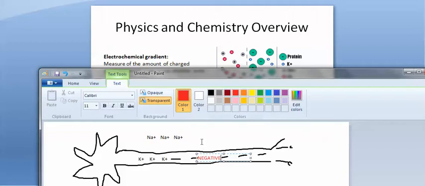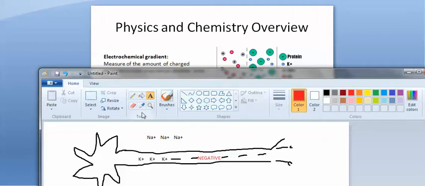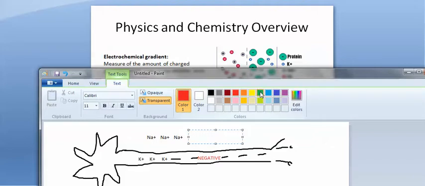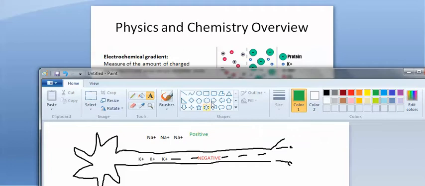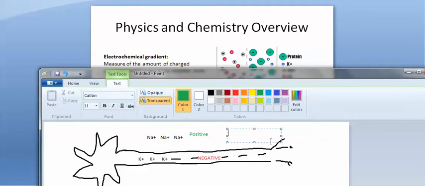And since there's this gradient, it's going to be more positive on the outside. Okay? This is all at resting membrane potential. This is when the action potential is waiting. So this is at resting membrane potential.